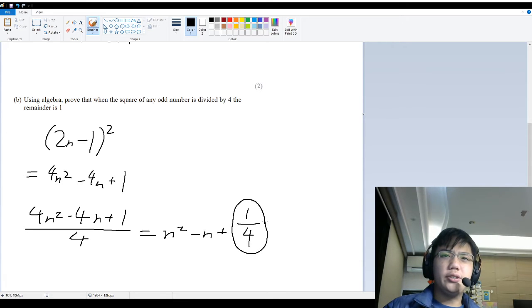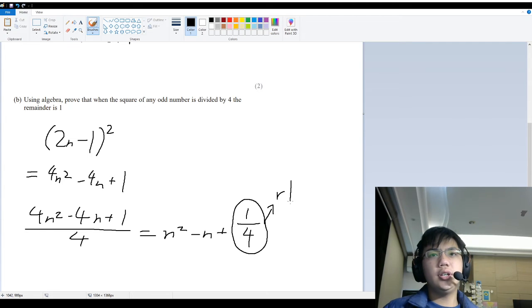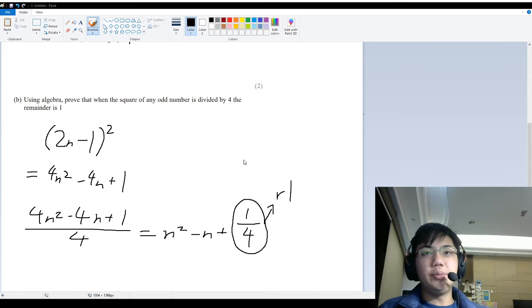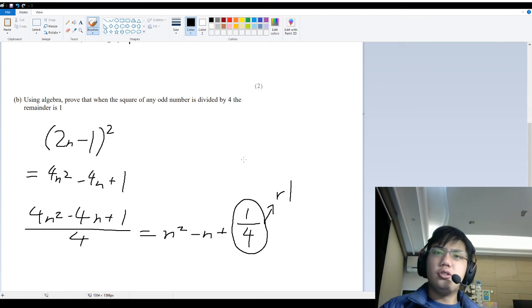And 1 over 4 is another way of saying remainder of 1. The rest is a multiple of 4, so any fraction would represent the remainder of this number when divided by this bigger number.